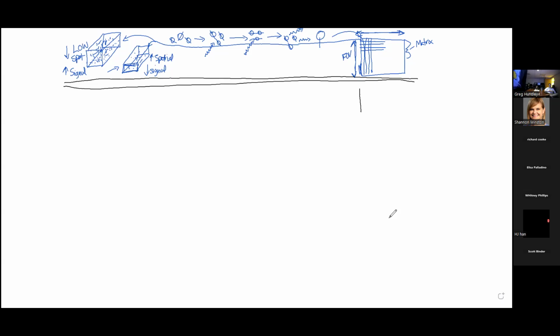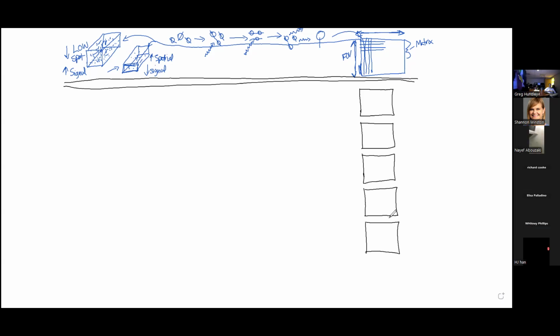Just like at the movie theater, when you look up in the little projector box, there are frames in the movie.